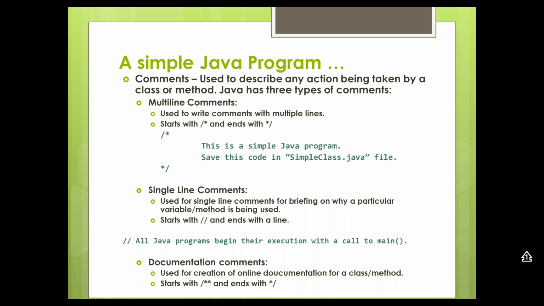Someone else will come and he will be working on that same file which you have written earlier. So in order to understand what exactly is the purpose of that particular class, or what exactly a particular method is doing, or why we are using a particular variable within a particular class, we can communicate such information using what are known as comments.